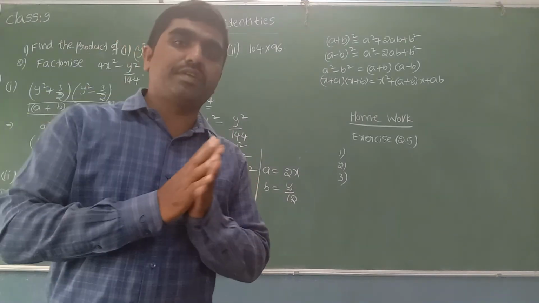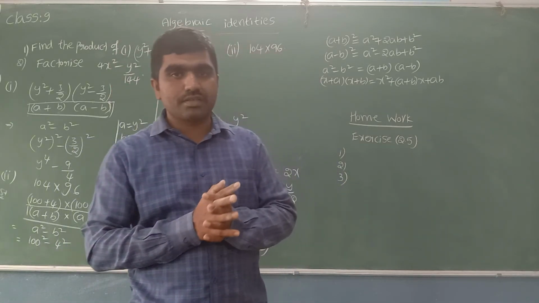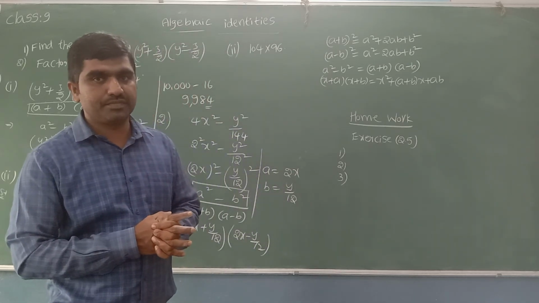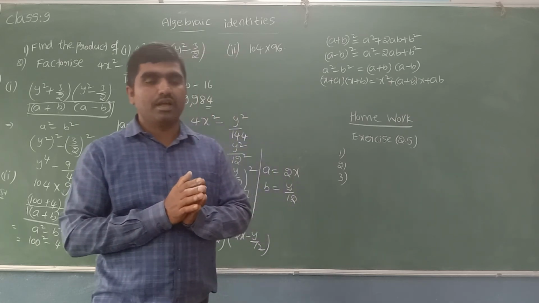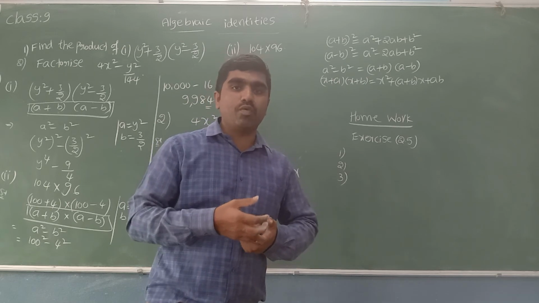Yes, in today's class we learned what is an algebraic expression, what is an algebraic equation, what is an algebraic identity. Algebraic expression is nothing but a collection of terms. Algebraic equation is nothing but a collection of terms which have an equality sign.